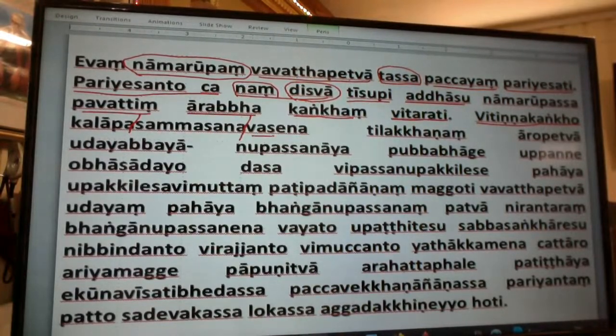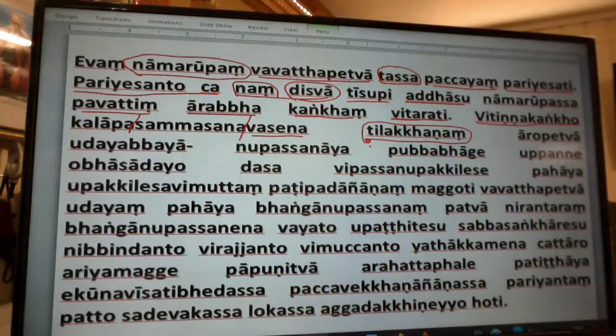Vasena is according to. According to the analysis of the grouping of Namarupa, Tilakkhana. Tilakkhana is three kinds of characteristics. Here Lakkhana is not Sabhava Lakkhana, it's Samanya Lakkhana.